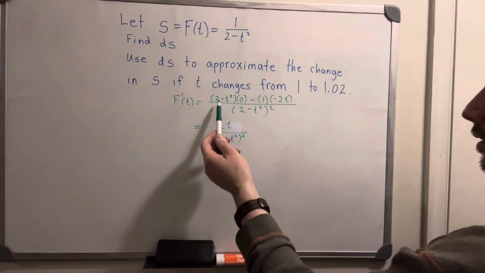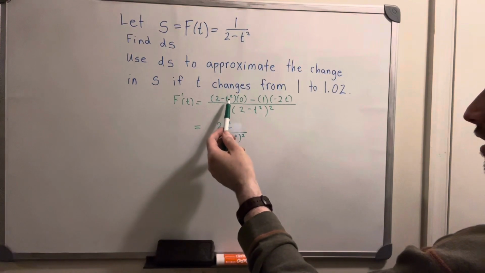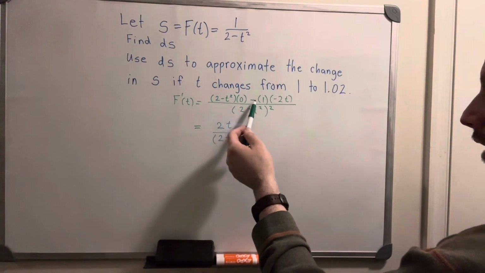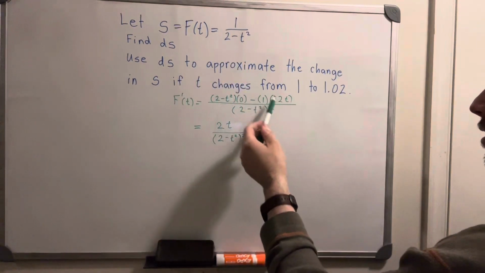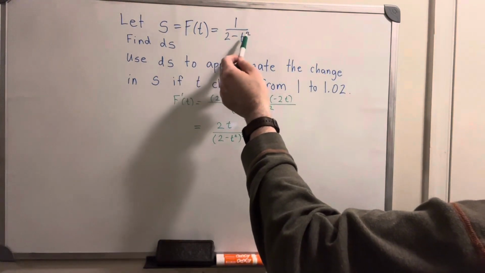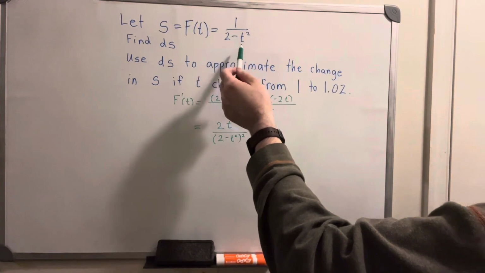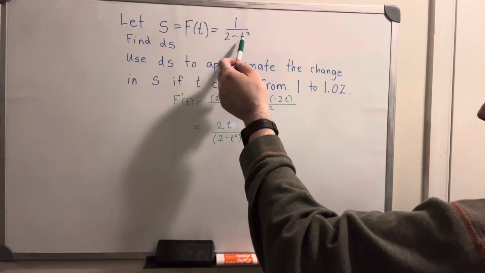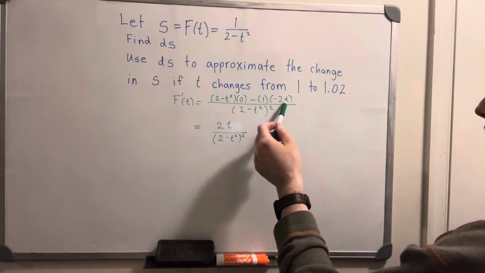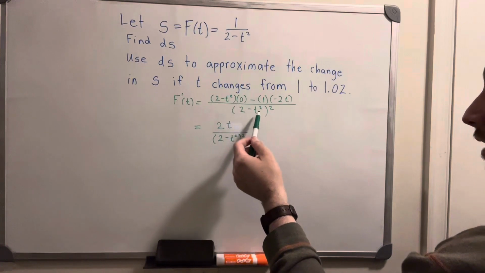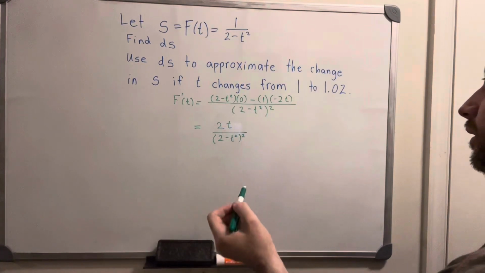So for this, it would be 2 minus t squared times the derivative of 1 is 0, minus 1 times the derivative of this, using the power rule and knowing the sums and differences of functions. This turns out to be 2t over 2 minus t squared squared.